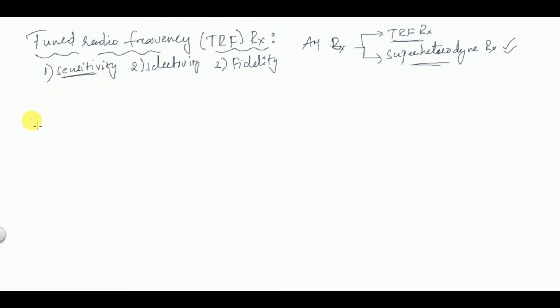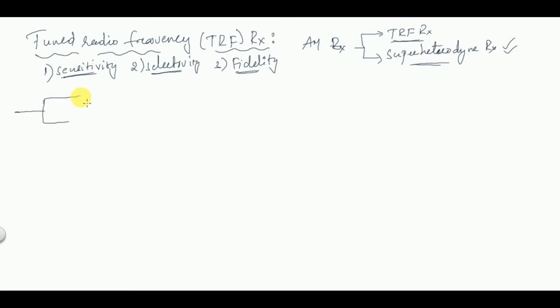Sensitivity is the ability of the receiver to amplify weak signals also. Selectivity is the ability to pick up the required frequencies and reject all the unwanted frequencies, and fidelity is reproducing all the frequencies at the output of the receiver without any distortion at any frequency. These are the three characteristics of any receiver circuit.